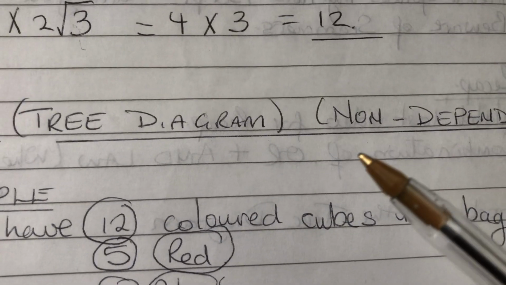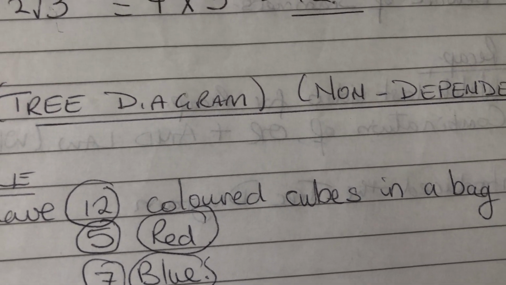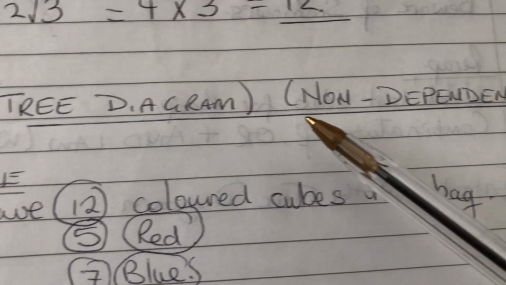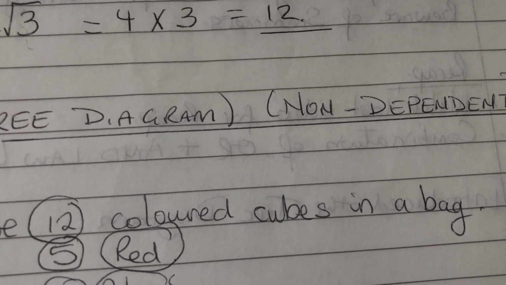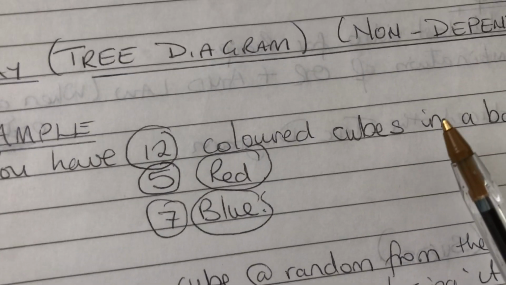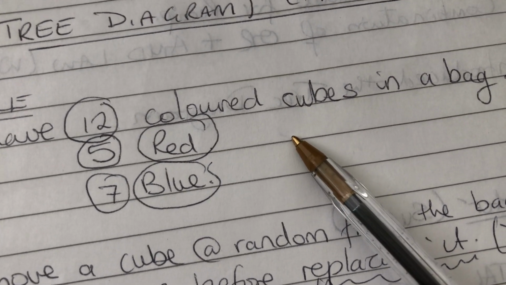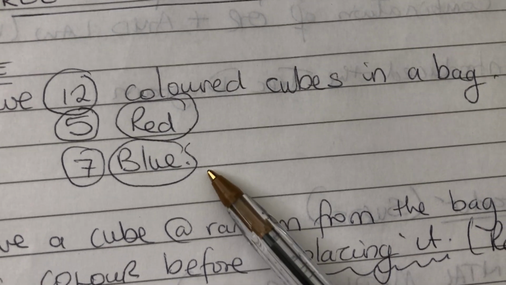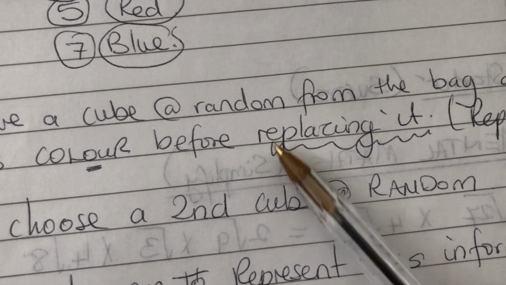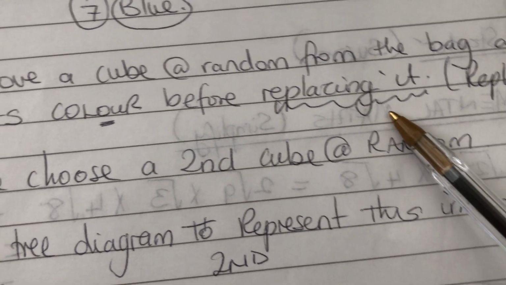Now, today we are looking at a tree diagram with independent events. So now, example, you have 12 colored cubes in a bag, 5 red, 7 blue. You remove one cube at random from the bag and note the color before replacing it.